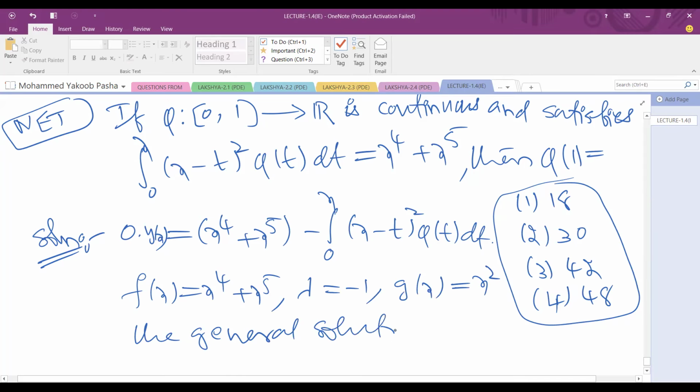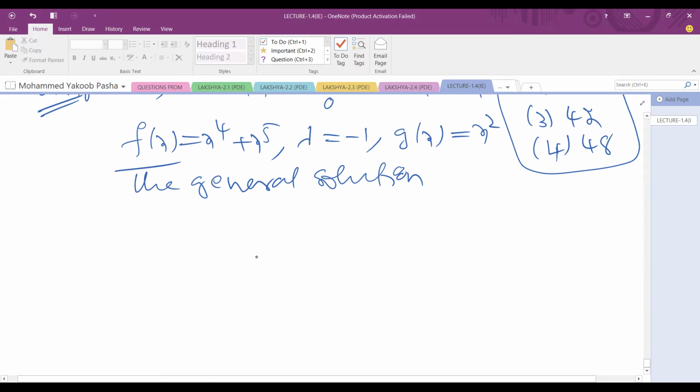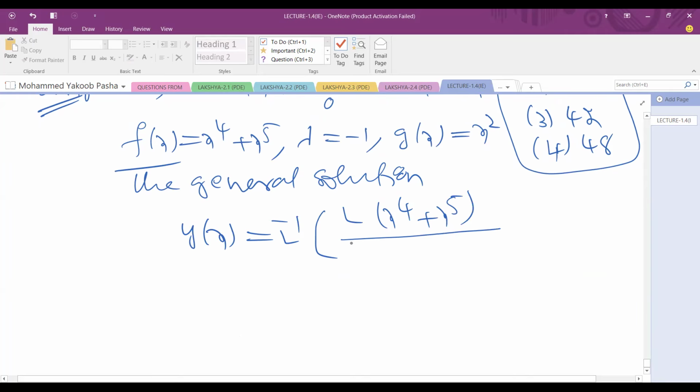Write the general solution. Y of x is equal to inverse Laplacian of f of x, that is x power 4 plus x power 5 divided by 1 minus lambda. Lambda is minus 1, so it becomes plus, Laplacian of g of x, that is x square.